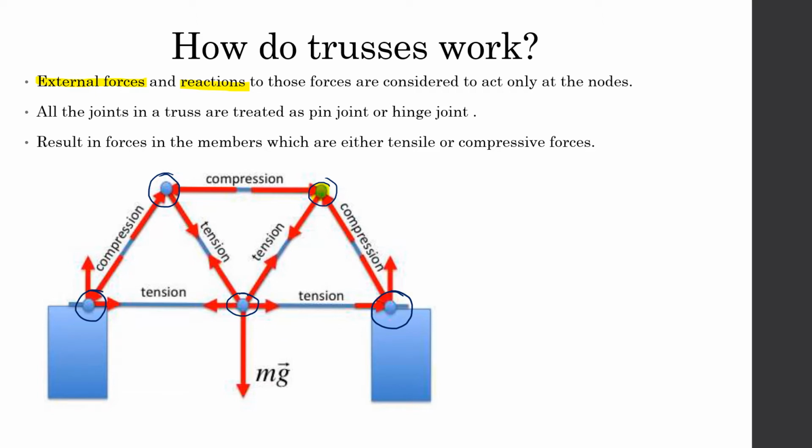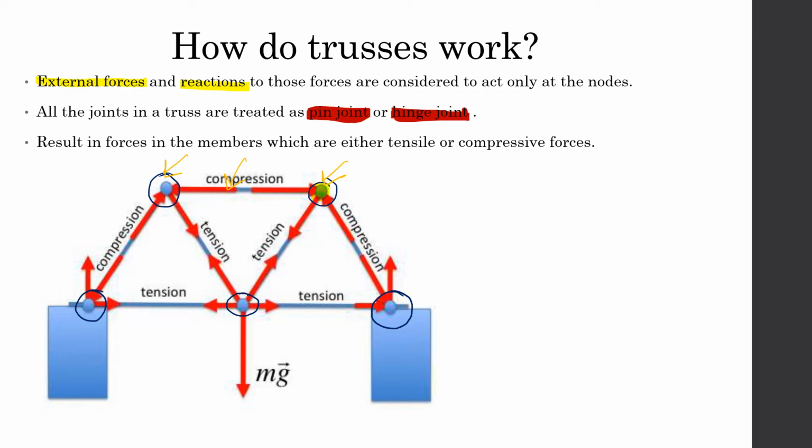Now all the joints in a truss are treated as pin joints or hinge joints. So these are pin joints, and if you think about it, these two pin joints will act as a hinge for this member.